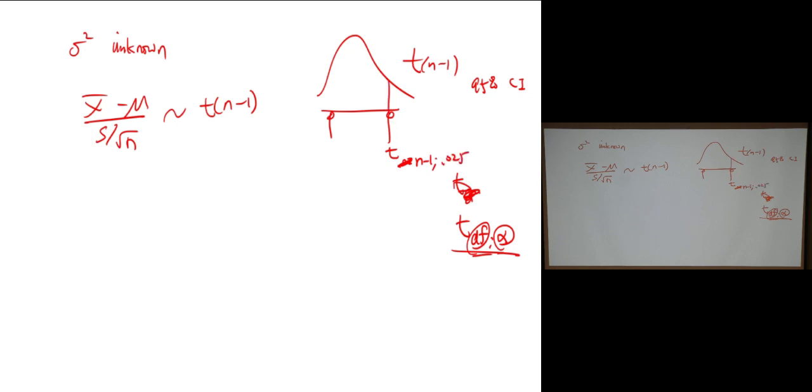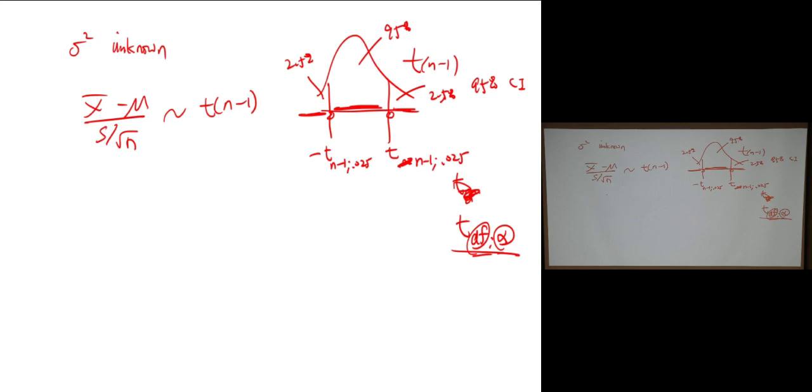Therefore, this is 2.5%. While this one, reflected about 0, is minus t with n minus 1, 0.025. So this is also 2.5%, less than it, bigger than it. Somewhere in between, this is 95%.